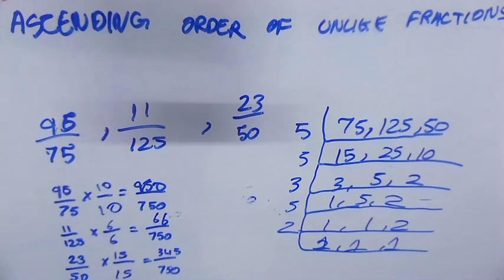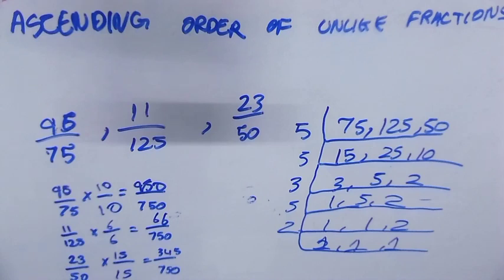Next we have the fraction 23 by 50, and I write 23 by 50 and a multiplication symbol, a fractional line, equals to, again a fractional line, and below I write the LCM, which is 750. So 50 into dash equals to 750, it would be 15. You could do division and find this 15.